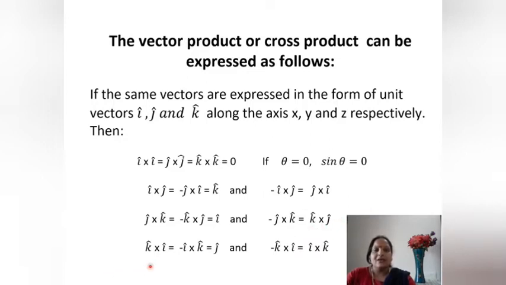Also, k cross i is equal to minus i cross k equal to j, and minus k cap cross minus i cap is equal to i cap cross k cap.